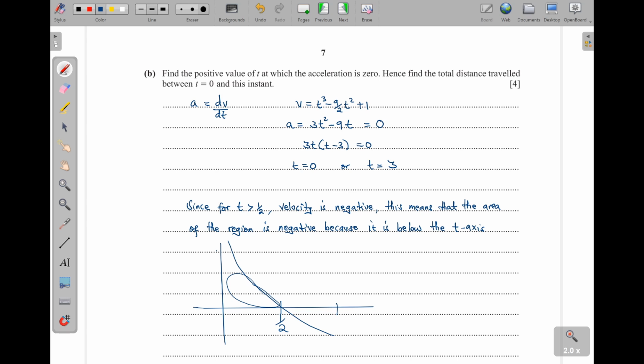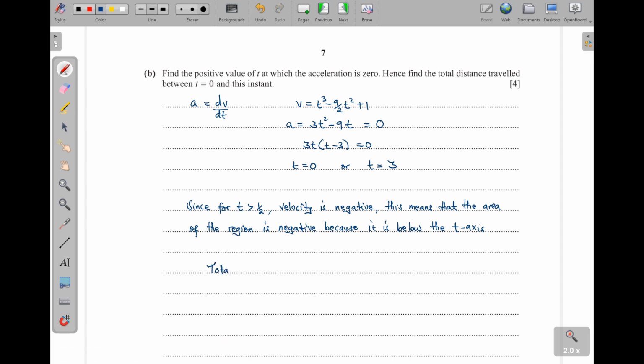Then there is this one up to when t is 3. So this one, we add it. But remember, it is going to come out as a negative. So if you just add them together, then it is going to give you a wrong answer. You see that? So you have to be careful. What you need to do, this part that is below the t-axis, you put it in the modulus signs. So what comes out as a negative turns to a positive, right?